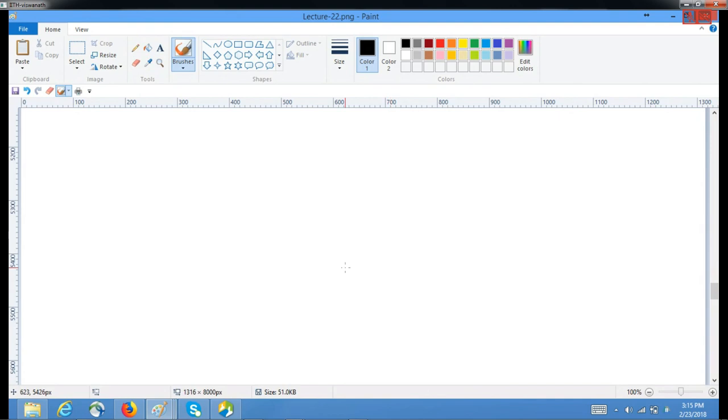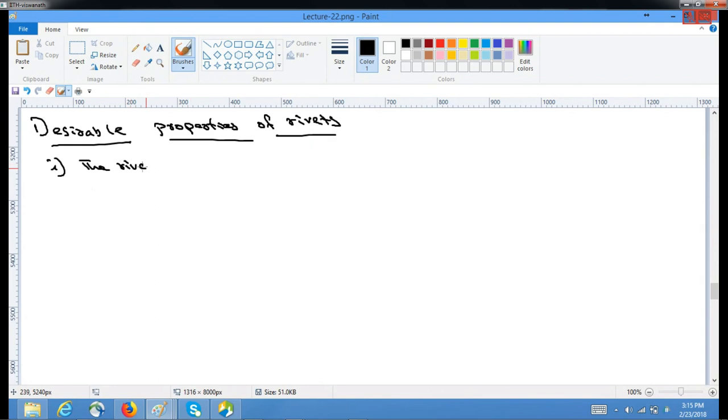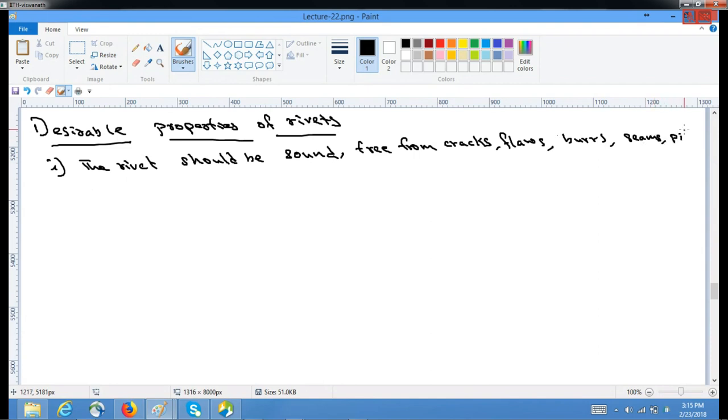So the desirable properties of rivets are: the rivet should be sound, free from cracks, flaws, burrs, seams, pits, and any other defects.